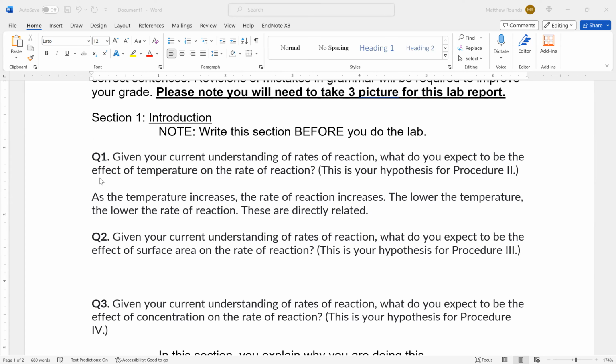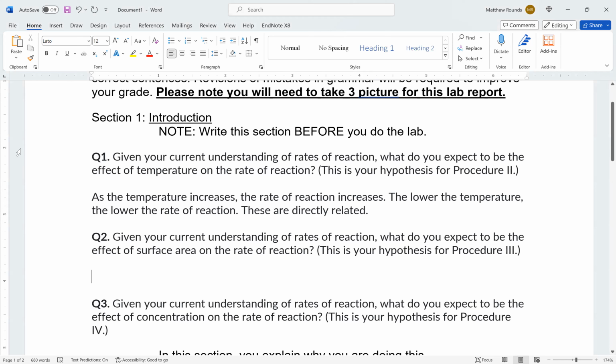But what is it that if you increase the surface area it sped up the reaction, the particles will break up into smaller pieces. So what does that mean for the rate of reaction when the surface area increases? It'll break apart into smaller pieces. We're talking about the rate of reaction.